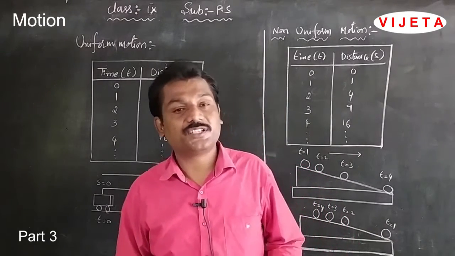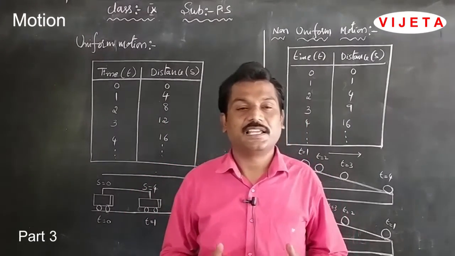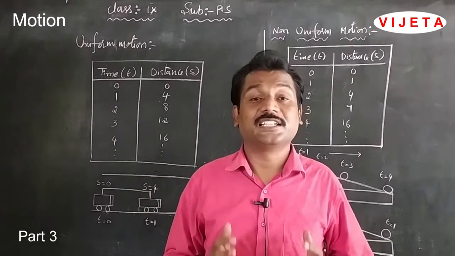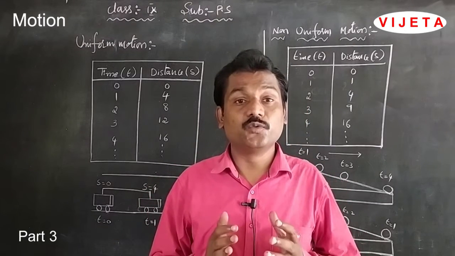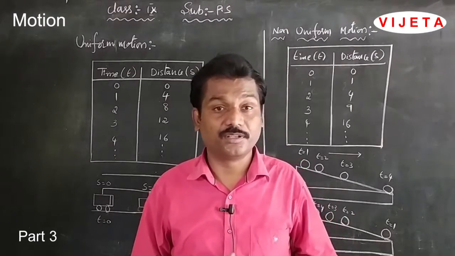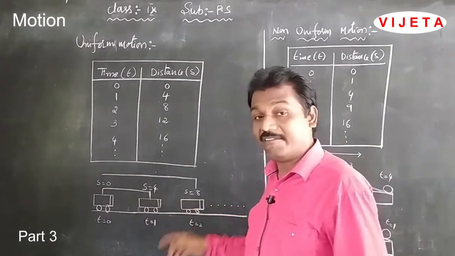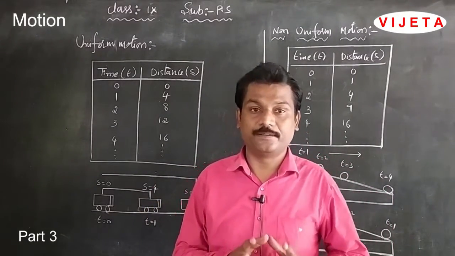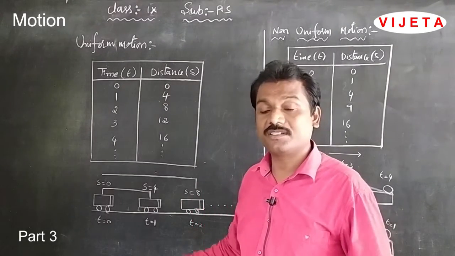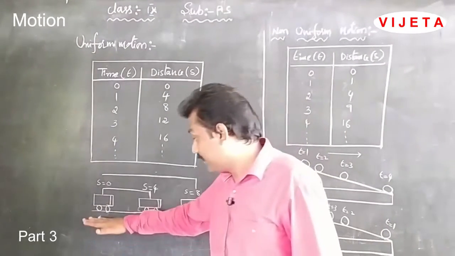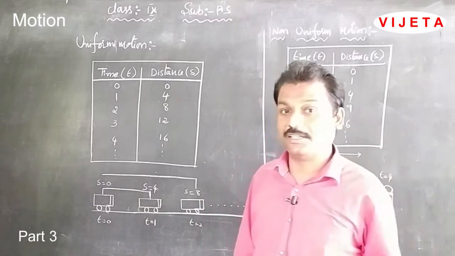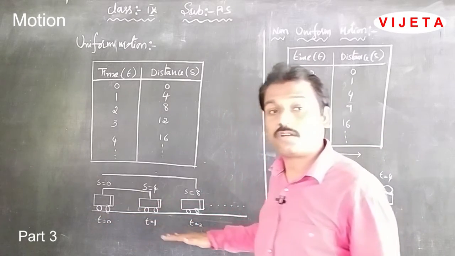So, a body which covers equal distances in equal intervals of time is said to be in uniform motion. Students, you can observe the body is traveling with constant speed. It is also called constant velocity because we already assumed initially it is traveling on a straight road.